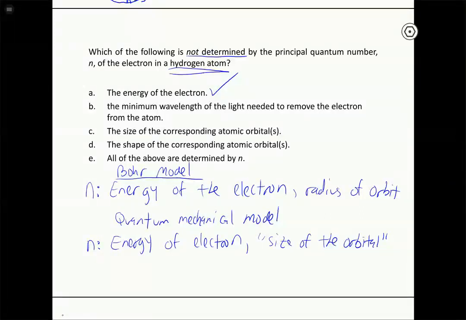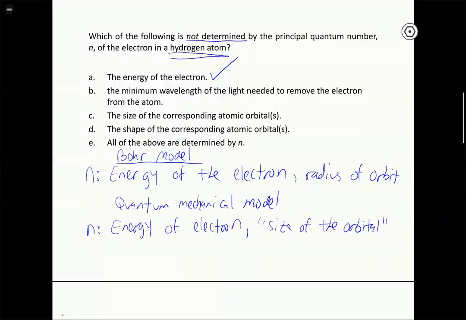The minimum wavelength of light needed to remove the electron. I don't really like this answer choice here, the minimum wavelength. It really should be just the wavelength of light, or if anything, the maximum wavelength of light.